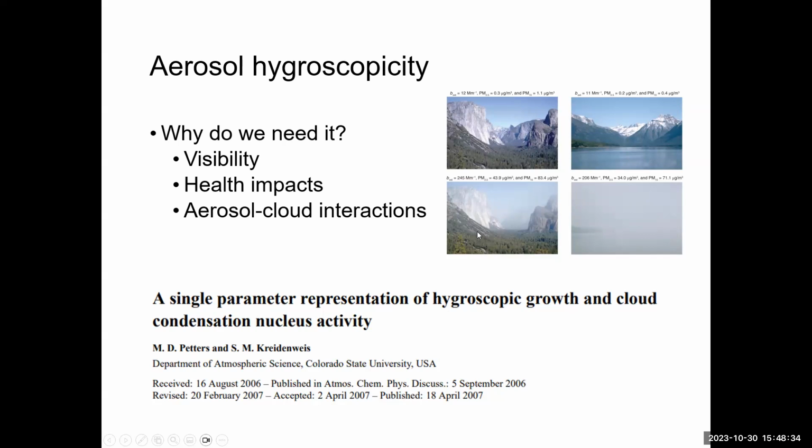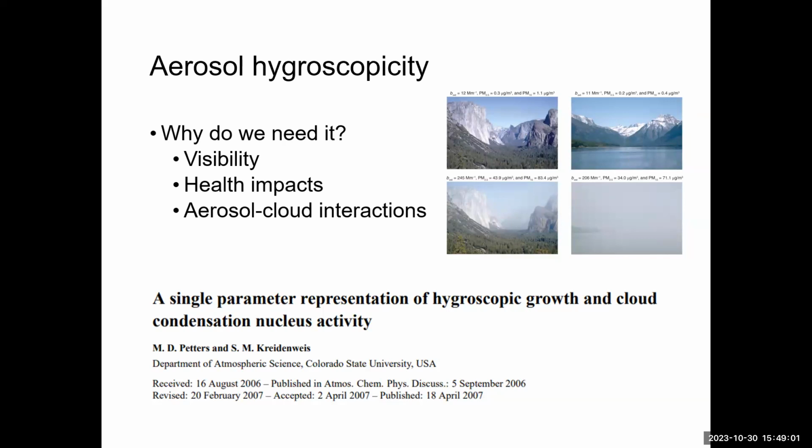We said one very likely reason is that over the lake, it's easier for the aerosols to absorb water vapor so that their size grows much larger. Then they can scatter more light and reduce the visibility. So this is related to the hygroscopicity of the aerosols, which influences visibility.